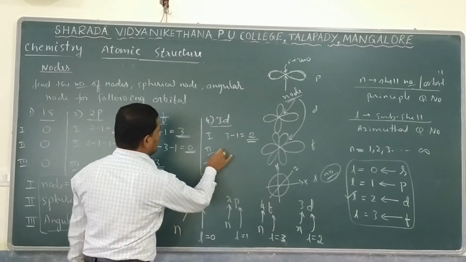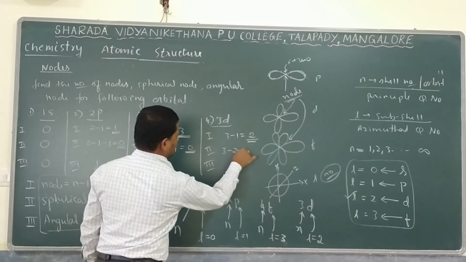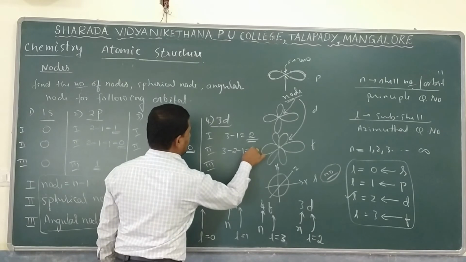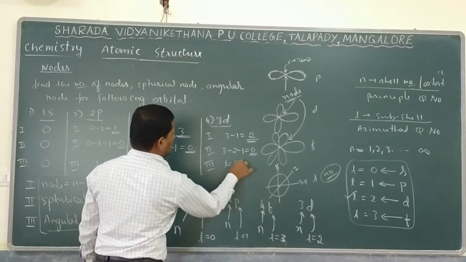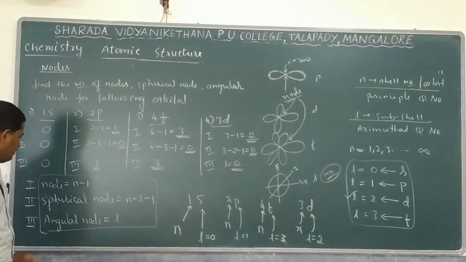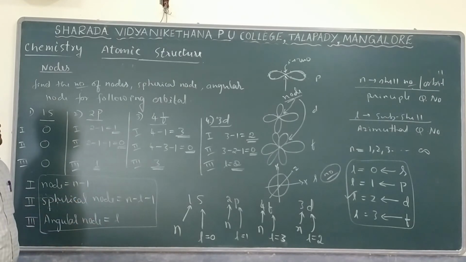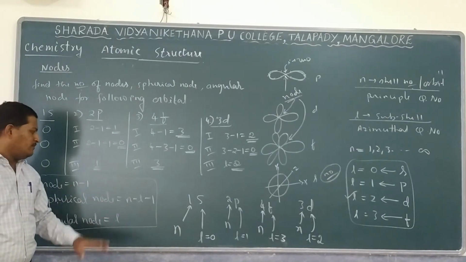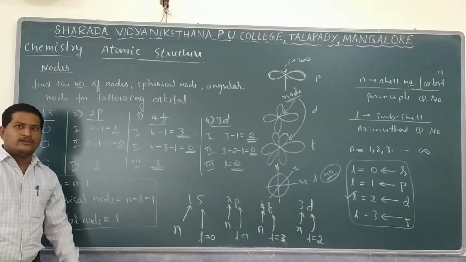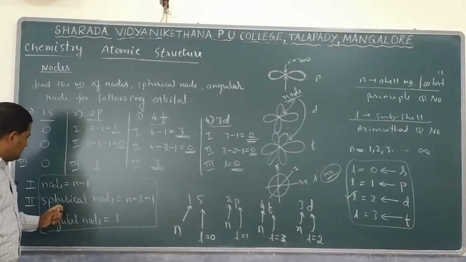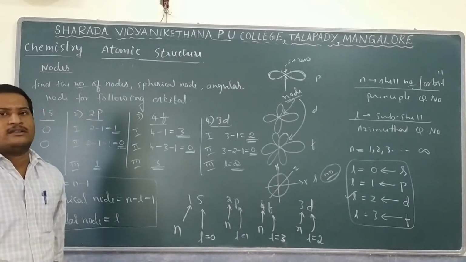For the spherical node, n minus l minus 1, here also it is going to be 0, and the l value is going to be 2. So the number of spherical nodes is going to be 0, whereas the angular nodes are going to be 2. So for most orbitals the number of spherical nodes is 0, and whatever nodes are observed are all contributed from angular nodes. In this example also, the spherical nodes calculated are 0. Okay, like that it is possible to find the number of nodes.